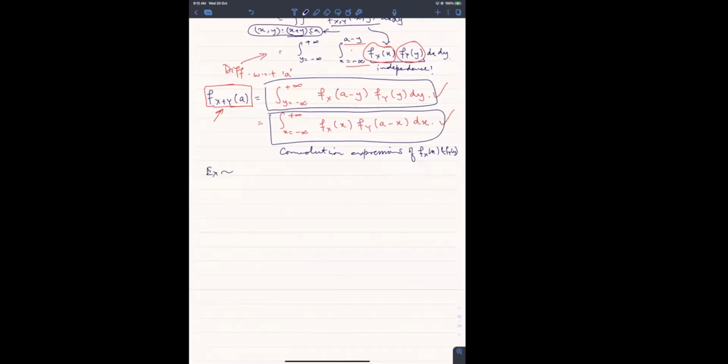Okay, let's say you have x which is uniform 0 1 and y which is independently uniform 0 1. Okay. So now we are interested in finding the PDF of x plus y.